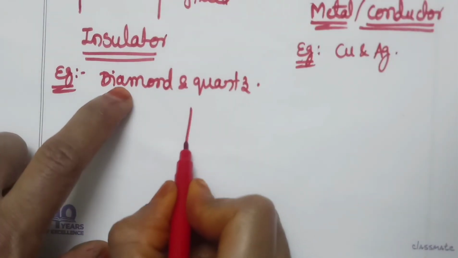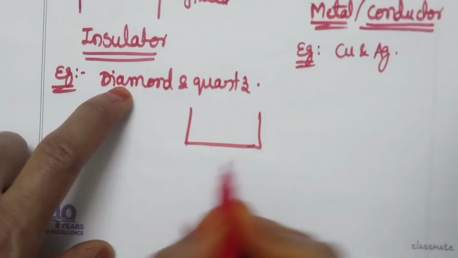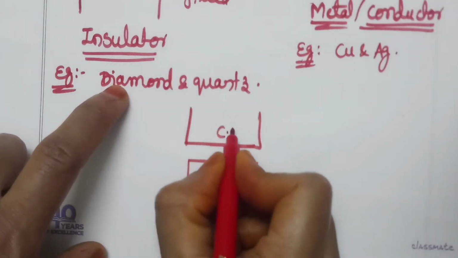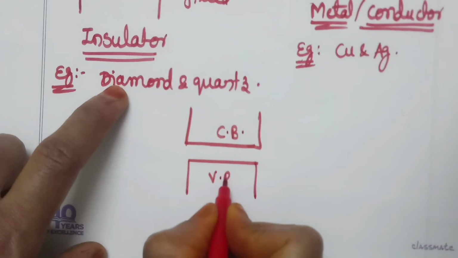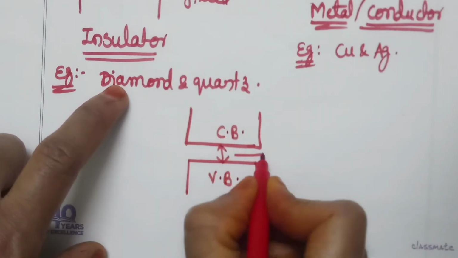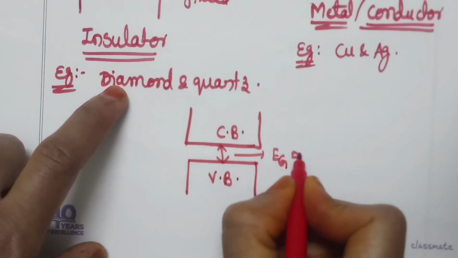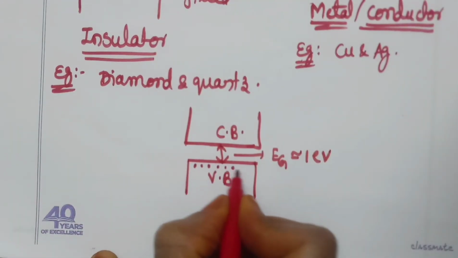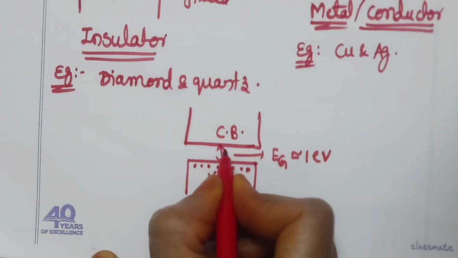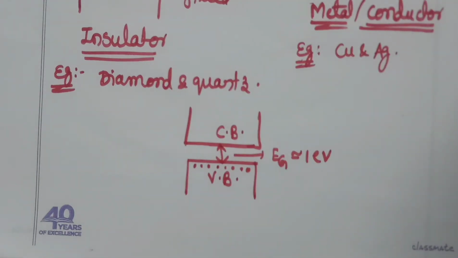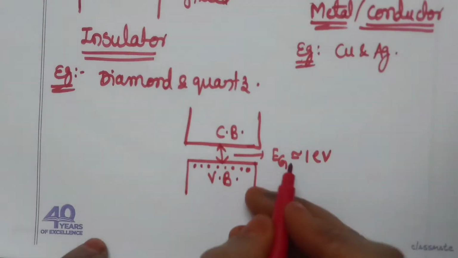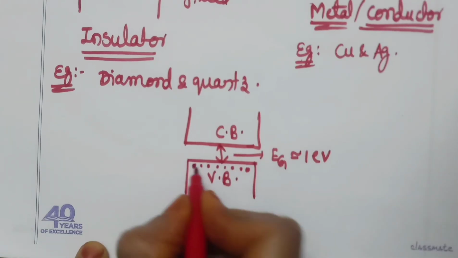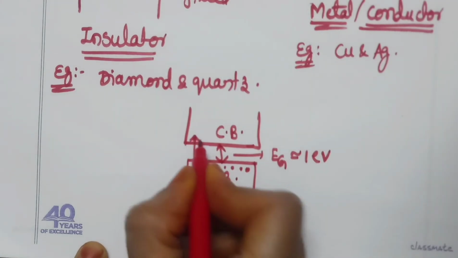Consider the other possibility in which the gap between the conduction band and the valence band is small, say approximately 1 electron volt. Then the electrons in the valence band cannot move to the conduction band by themselves, but as the temperature is increased, the gap between them can be decreased. So the electrons from the valence band can be moved to the conduction band.